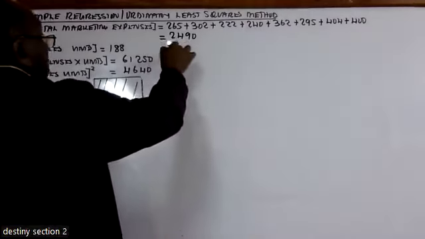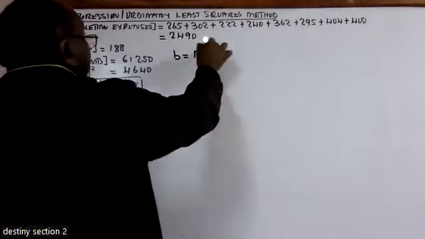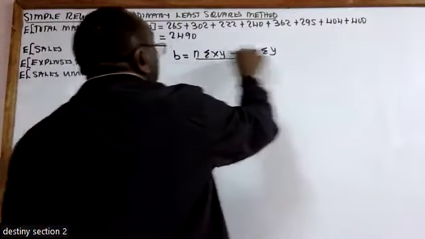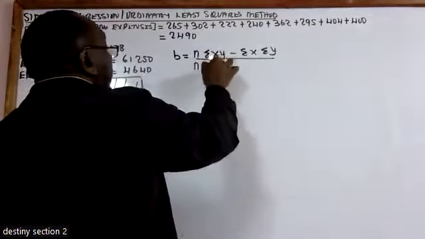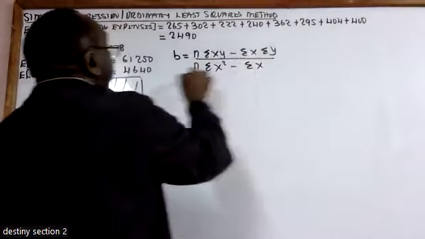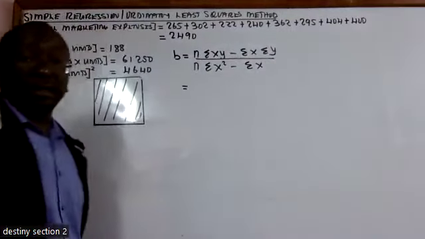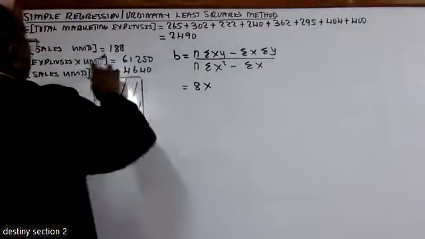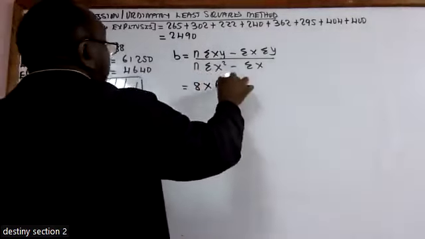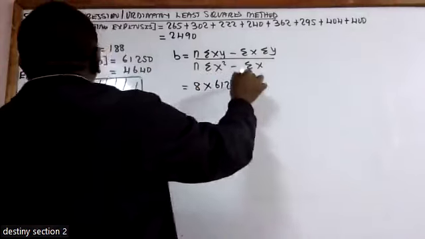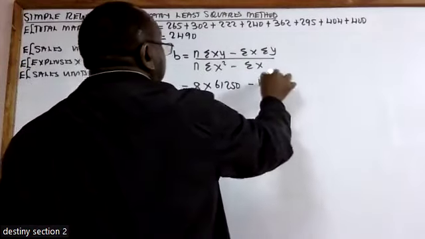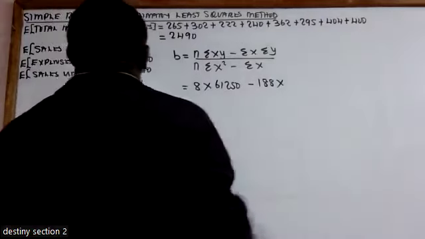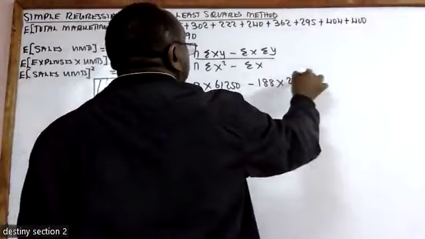Let's come here and say B is given as N sum of xy minus sum of x sum of y, divided by N sum of x squared minus sum of x all squared. So now N, we know it is 8, sum of xy is this 61,250, minus sum of x we got 188, sum of y we got 2490.